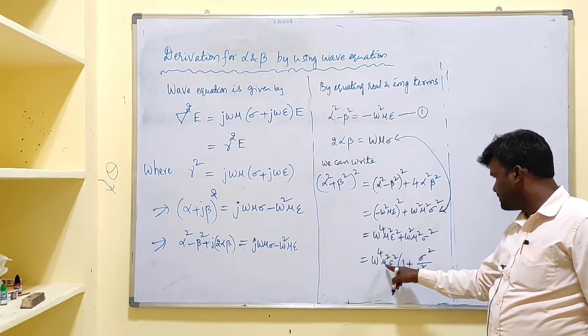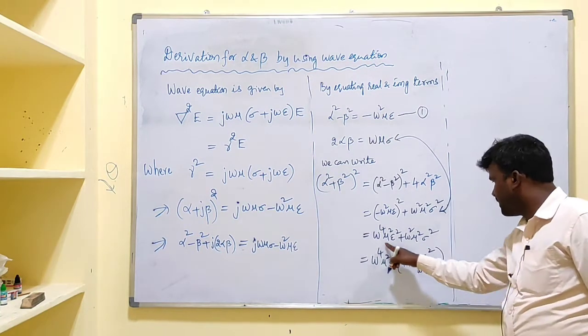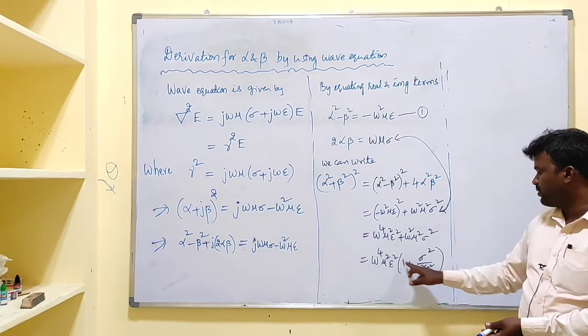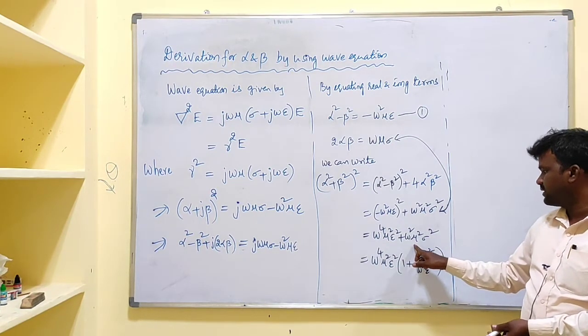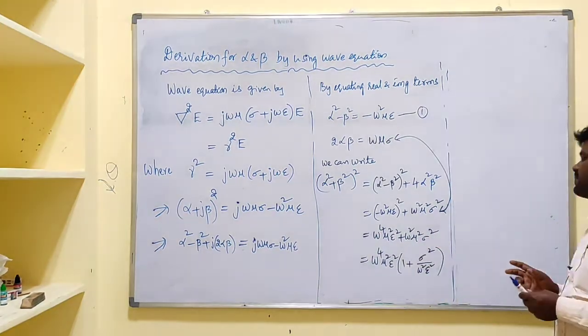Additionally I require mu square and epsilon square. If this one is multiplied by this one, I will get omega square mu square sigma square only. This epsilon square cancels out, giving this term only.